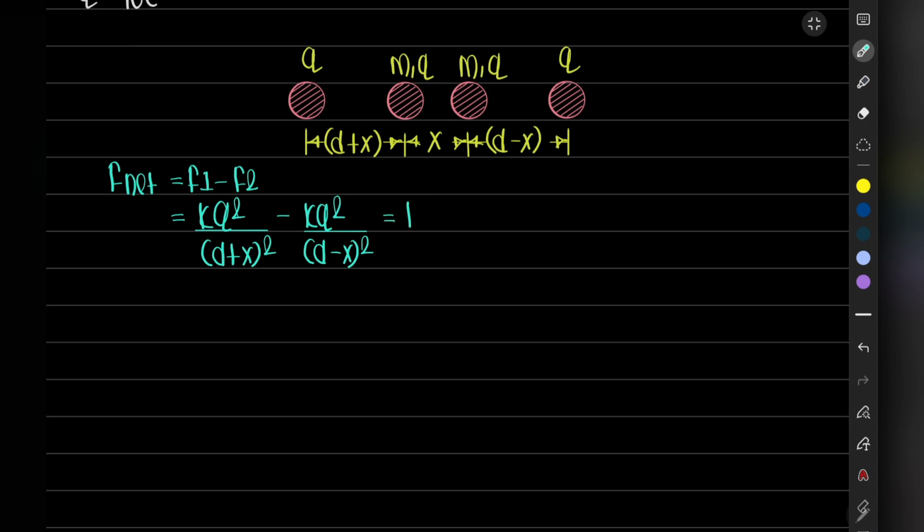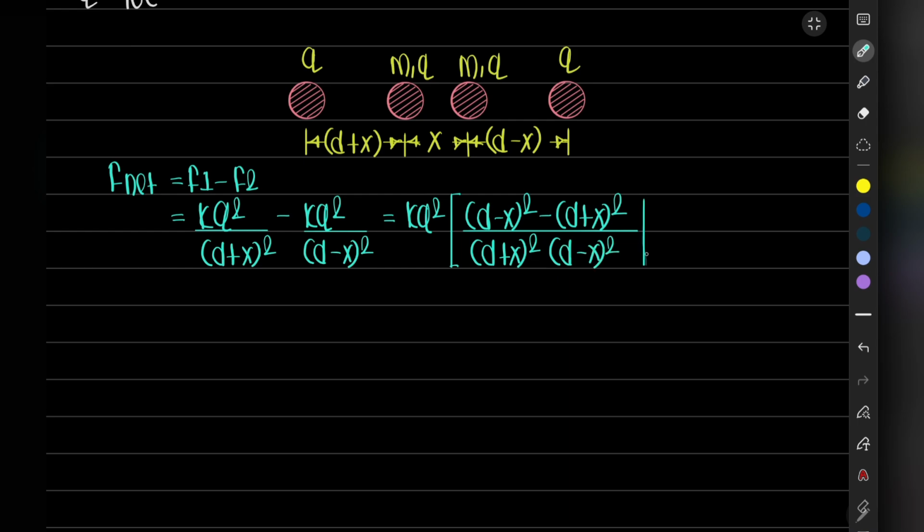So we can take K q square common, and then simplify this bracket, which is (d minus x) whole square minus (d plus x) whole square, divided by (d plus x) whole square and (d minus x) whole square.